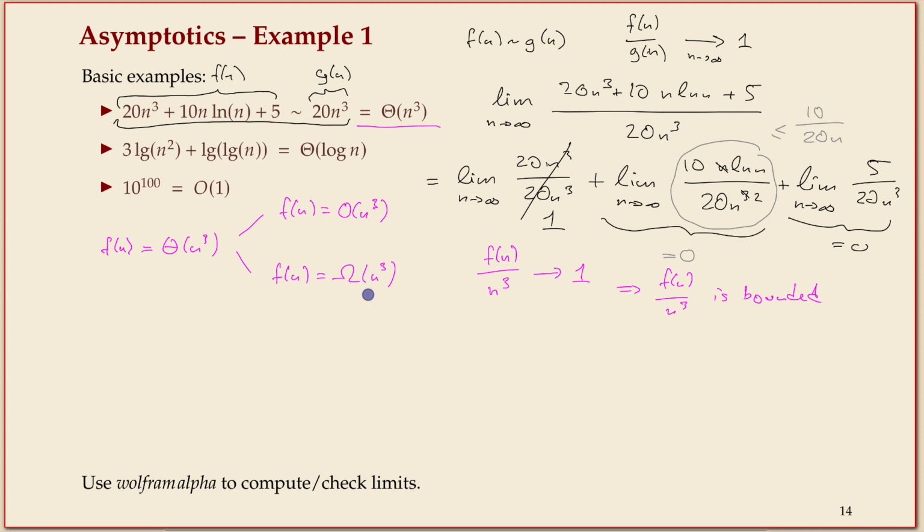Now for the second statement, we have to invert the two roles. But luckily, we can use essentially the same statement. If that converges to 1, that converges to the reciprocal, and that's still 1. So it also means that this is bounded. And that implies the second claim.